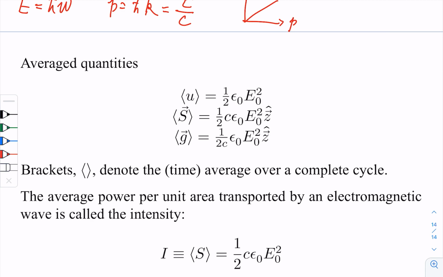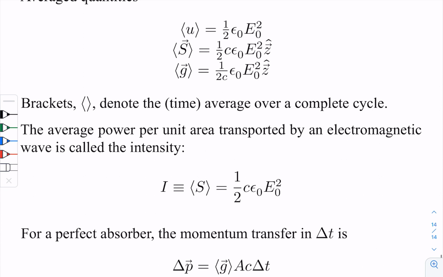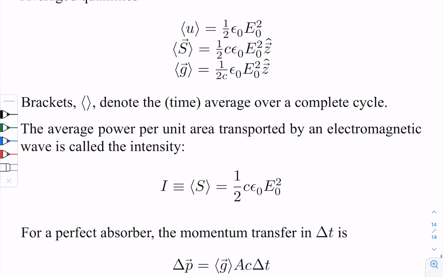So physically, what's the meaning of all these quantities? Well, first we can relate the Poynting vector to the light intensity. The average Poynting vector is actually the definition of the light intensity.